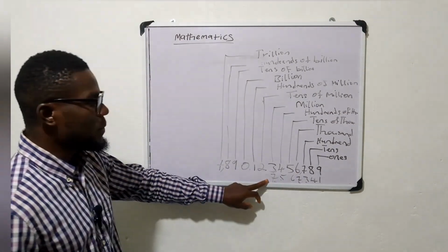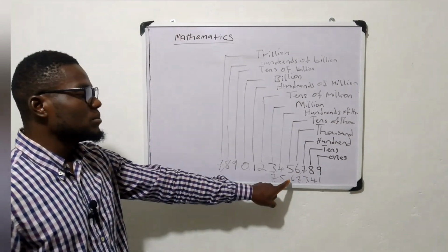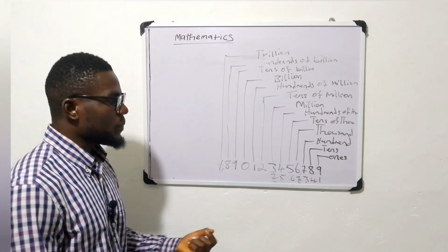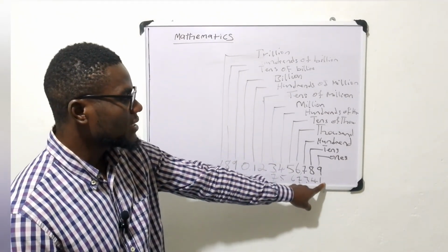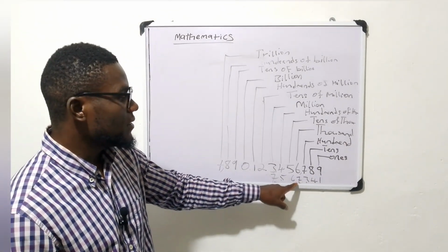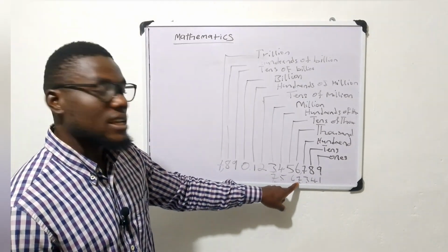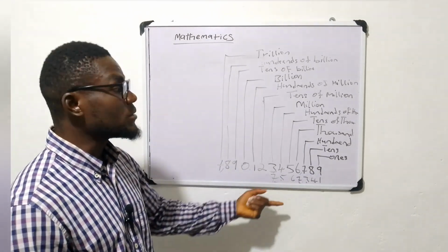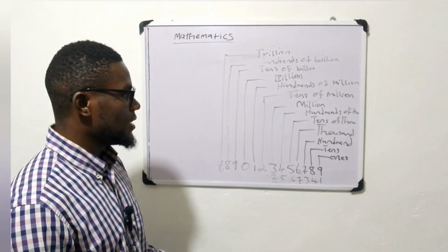Now we ask to find the place value of this 6 here. Very simple, you have ones here, tens here, hundreds here, thousand here, ones of thousands, tens of thousands. So the position of this is tens of thousand.